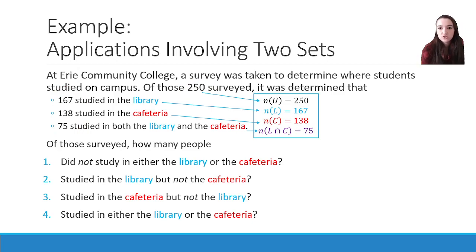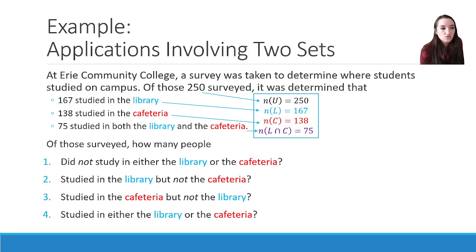There's 250 total people being surveyed. The cardinality of students studying in the library is 167. The cardinality of students studying in the cafeteria is 138. And the cardinality of L intersected with C, or students who study in both, is 75.